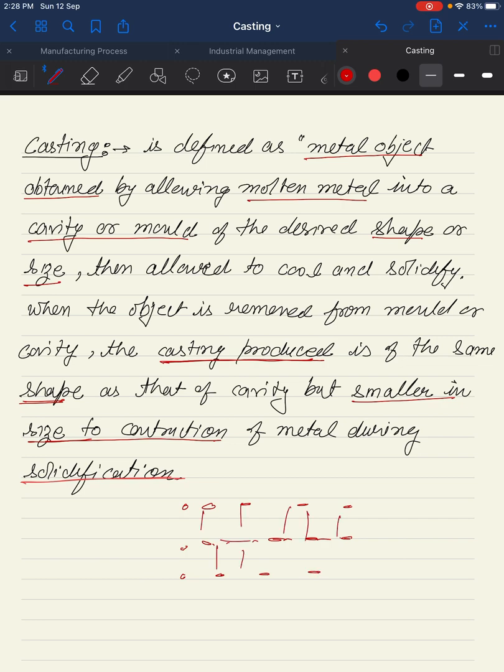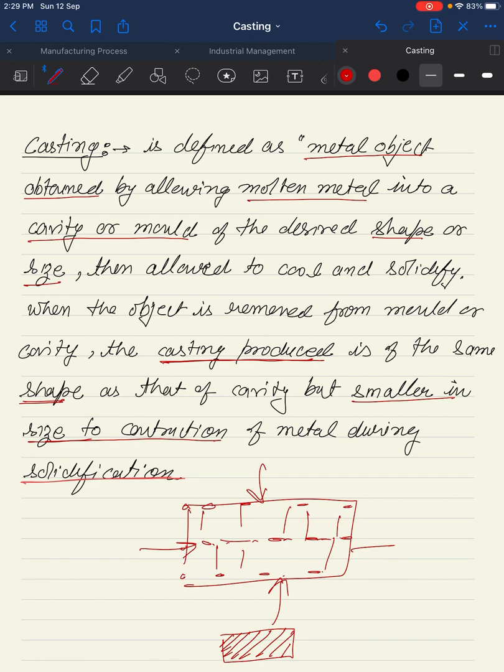But when it solidifies, it contracts, reducing to a smaller size but the same shape. This is a property of liquid molten metal. Whenever its temperature is reduced, it will shrink, and due to this shrinkage behavior, when it is solidified, the size of the final product which is cast is reduced.